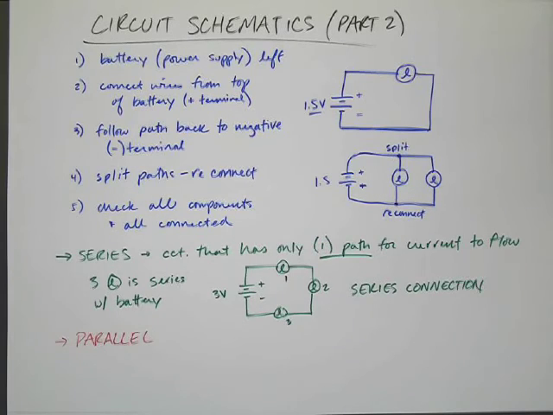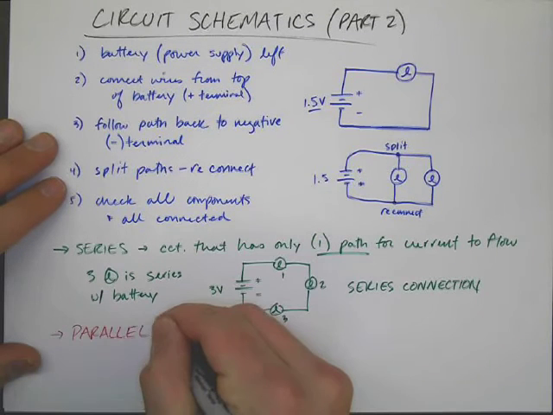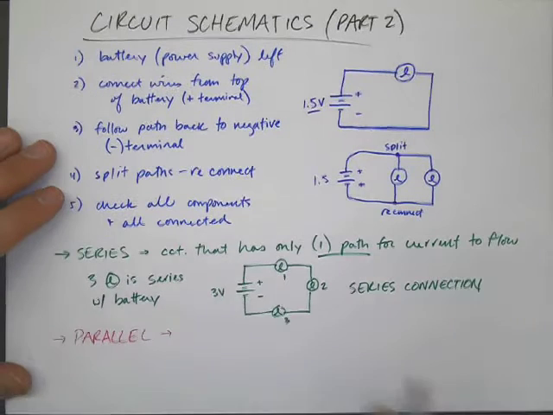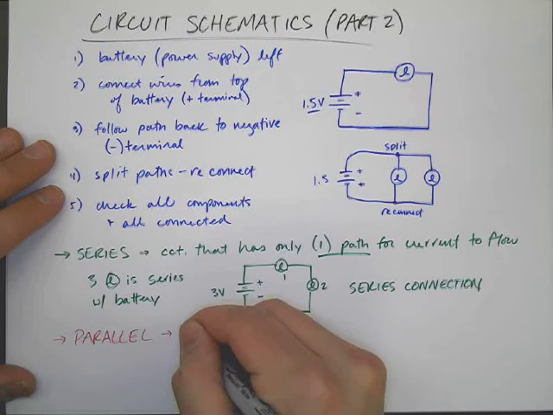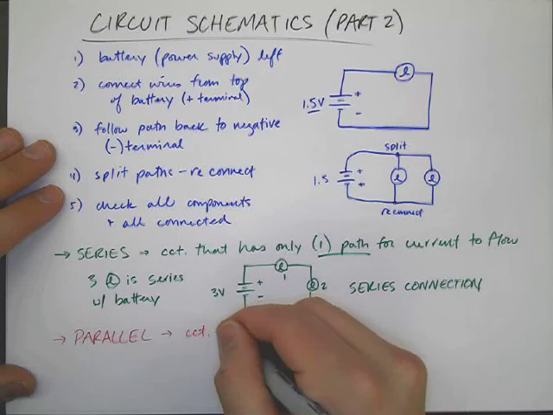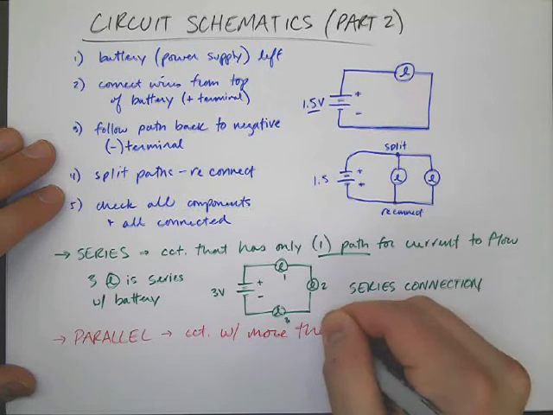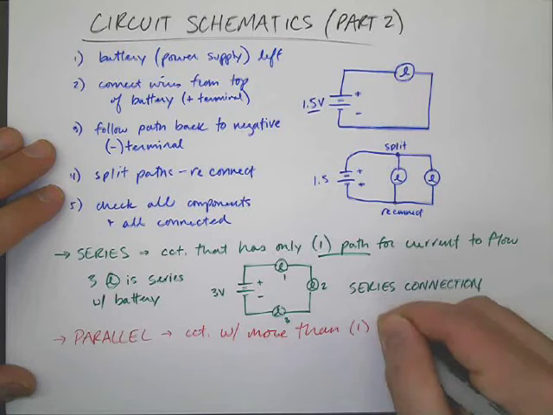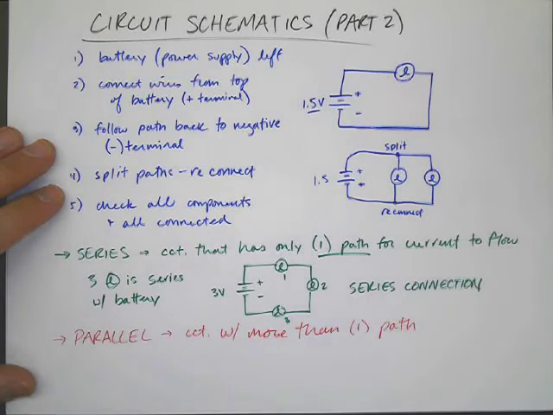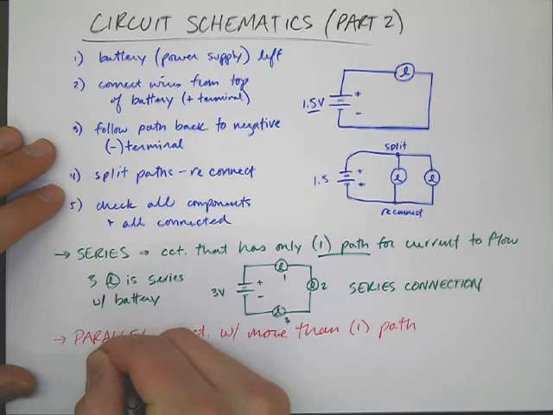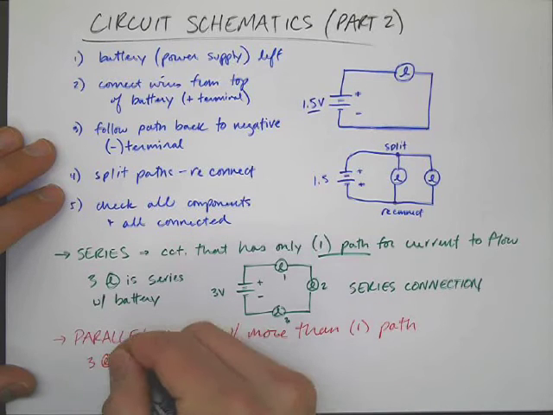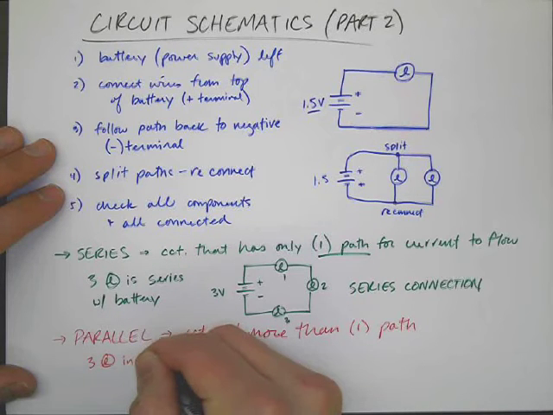Now a parallel connection, if you haven't guessed already, is when we have a circuit with more than one path. So let's hook up 3 light bulbs in parallel.